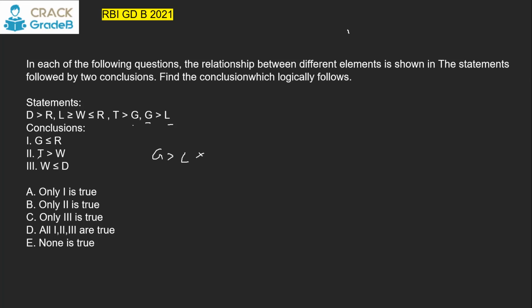So no. T is greater than W. So T is greater than G. G is greater than L. L is greater than equal to W. So that is a true conclusion. So only 2 is true is correct.